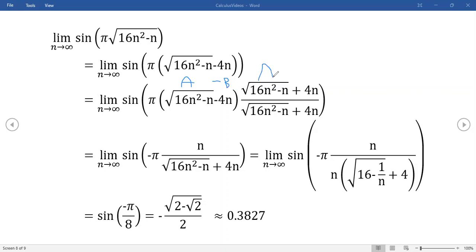See, half of math is multiplying by 1 in kind of a cleverly disguised way. But you see, just in the numerator, this would be a squared minus b squared, right? Now, I guess I sort of left out a step, but what's going to happen right here, a squared minus b squared is actually 16n squared minus 16n.